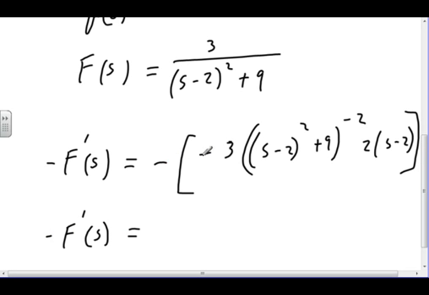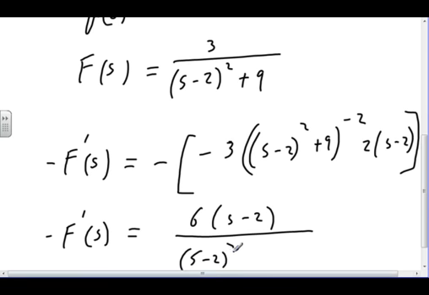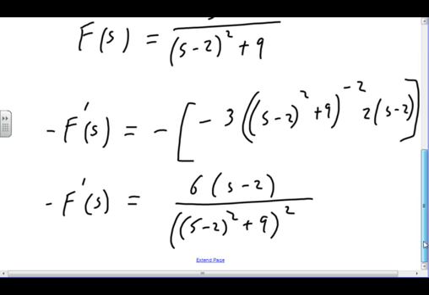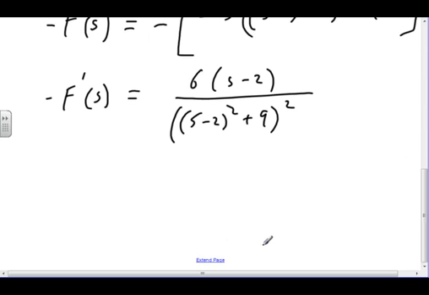So we get 6(s minus 2) over ((s minus 2) squared plus 9) squared. Now what are we going to do with the minus sign? Okay, so that would be my final answer.